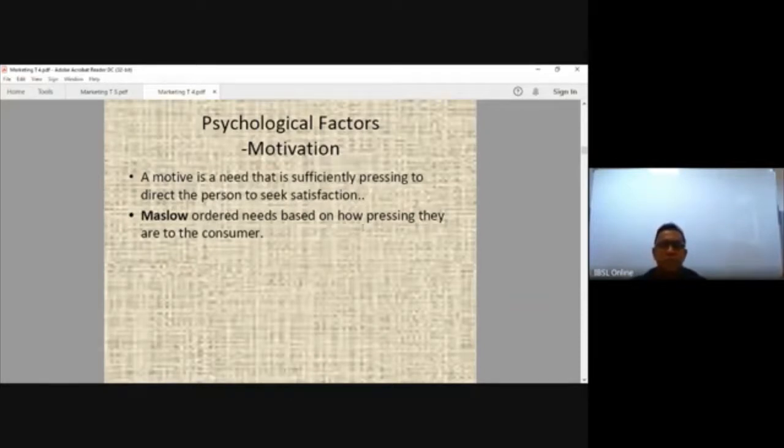There's a theory by a professor called Abraham Maslow. He classified needs based on how pressing they are to the consumer.